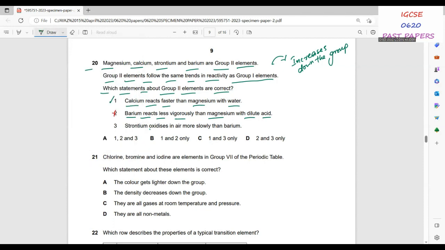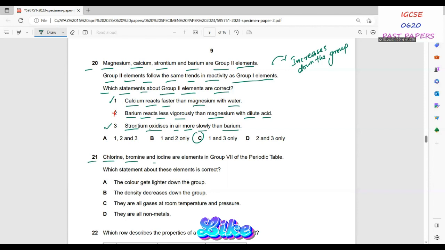Statement 3, strontium oxidizes in air more slowly than barium. Strontium is above barium, so it will oxidize more slowly than barium. So choice C will be the right answer for this question.